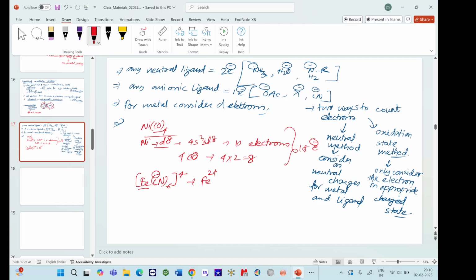Suppose you claim 6 electrons for this one, and cyanide if you take 2 into 6, that will come 12. So this will be total 18 electrons.